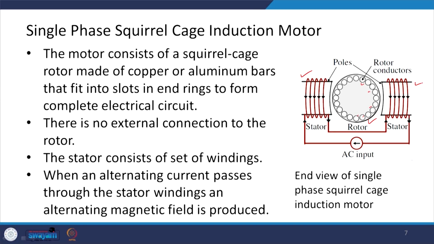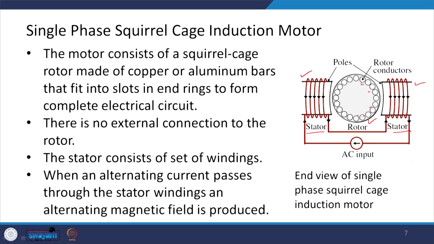Now, let us see the single phase squirrel cage induction motor. Here you have a rotor, and there are the rotor conductors, and you have the poles which form the stator.